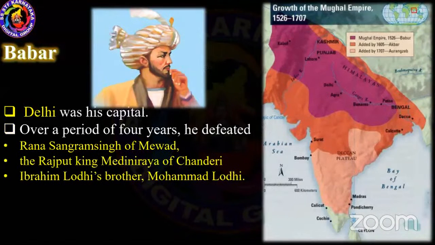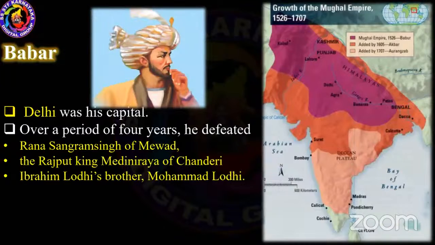Over a period of four years, he defeated Rana Sangram Singh of Mewar, the Rajput rulers, Medini Rai of Chanderi, and Ibrahim Lodi's brother Muhammad Lodi.